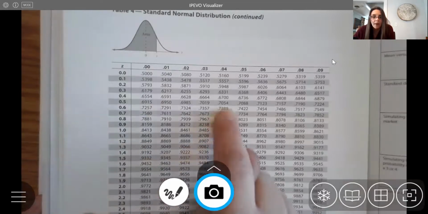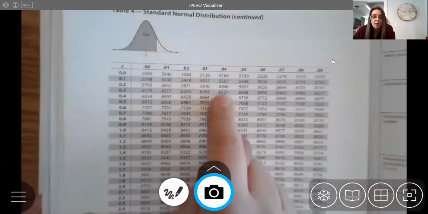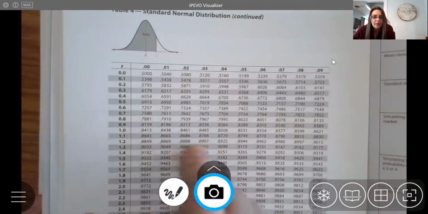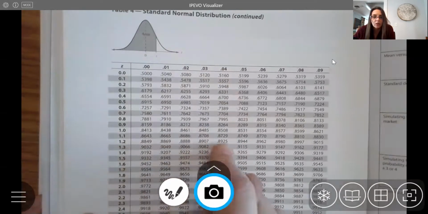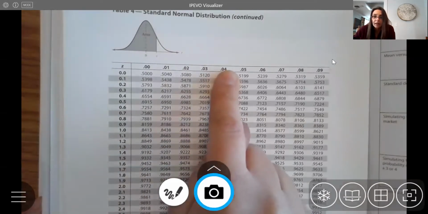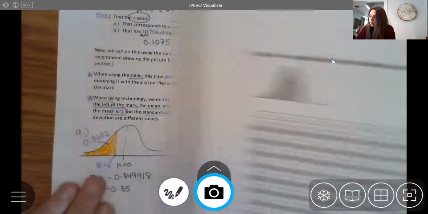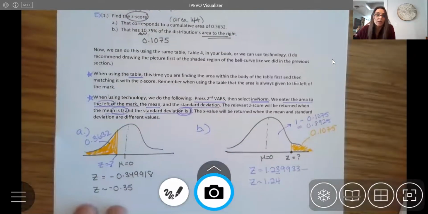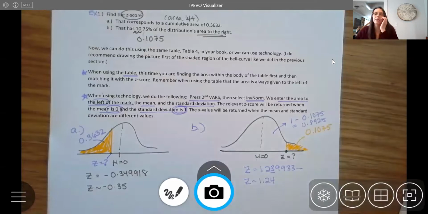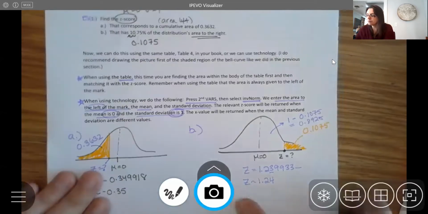And then if I go up, I see 0.04. So my z-score is going to be 1.24. The same value we got using technology. So they're both good. Like I said, the only problem with the table is you can't always find every value. So sometimes you have to estimate or go in between two values to get an approximation.